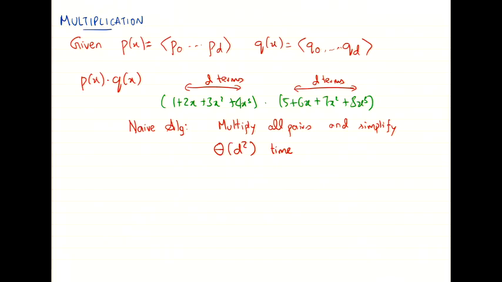What we'll see in this lecture and the next is a very clever algorithm that gets d log d time to multiply two polynomials, order d log d time. And we'll do it in stages. So our goal would be order d log d time. Okay. So, of course, polynomials are very basic objects.